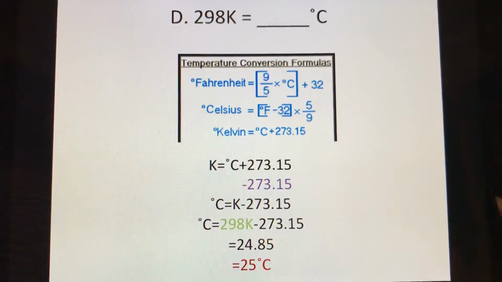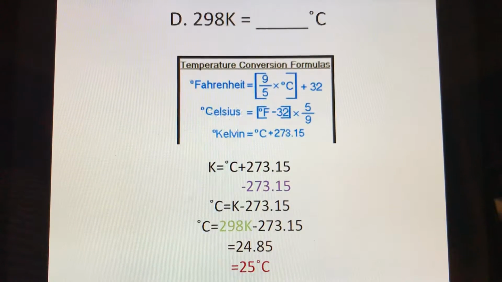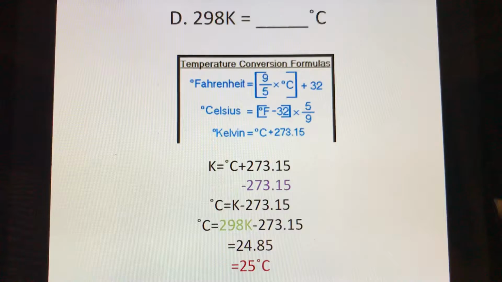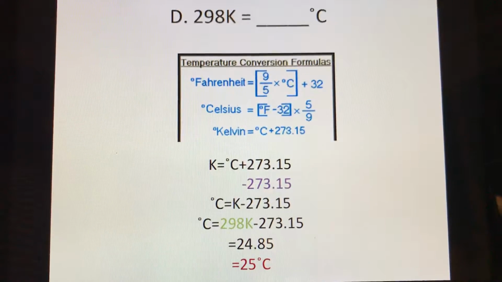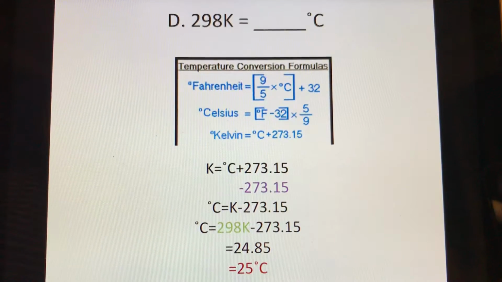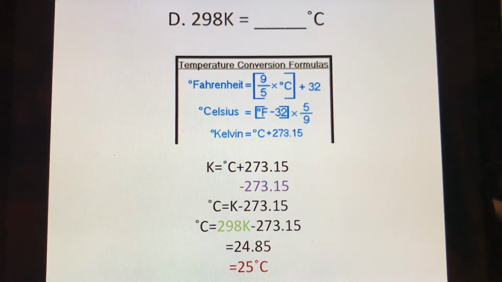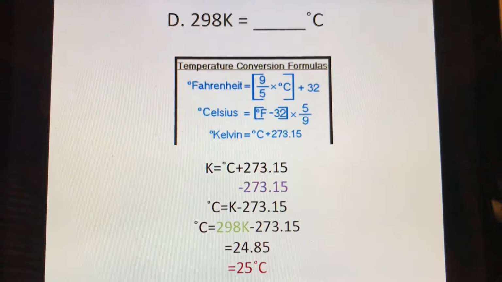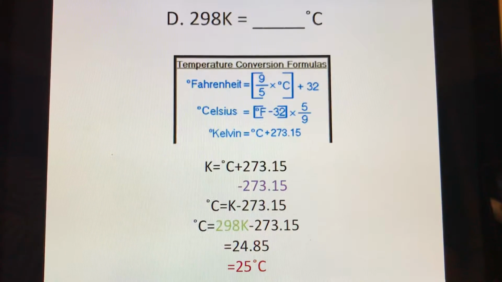We subtract the 273, which gives us a new equation of degrees Celsius is equal to Kelvin minus 273.15. We substitute the 298 Kelvin, which gives us degrees Celsius is equal to 298 K minus 273.15, which equals 24.85, rounds off to 25 degrees Celsius. So for this one, we're just rearranging the equation given to solve for this problem.